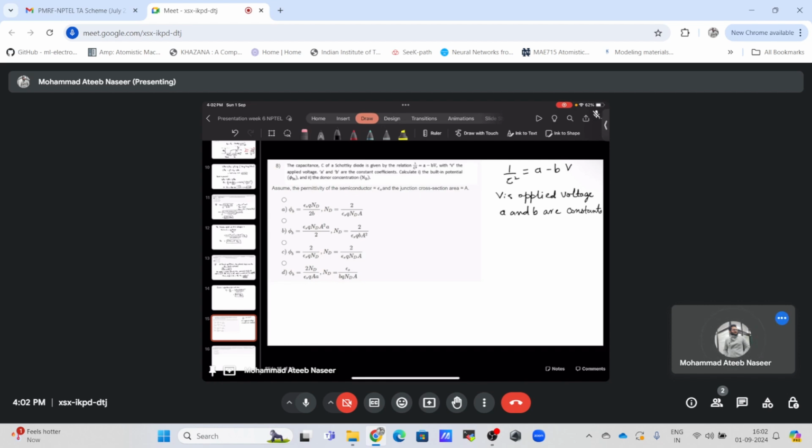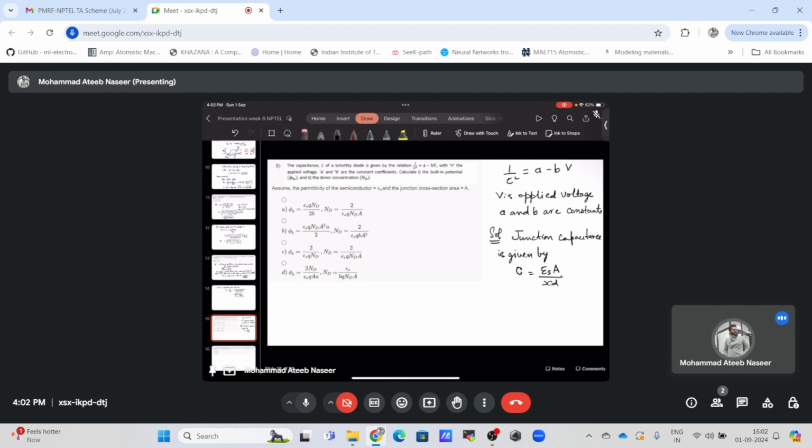So let us first see how we solve for the capacitance. The junction capacitance is given by simply C equal to epsilon s A by xt.